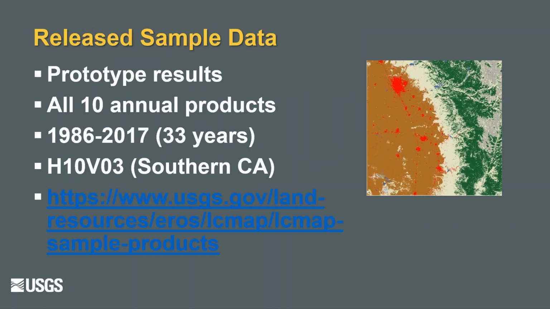We've released our sample data. So we have a sample tile, prototype results, all 10 products through the time series over a tile in Southern California. And this is available for people to download and work with. We really want to get some feedback.